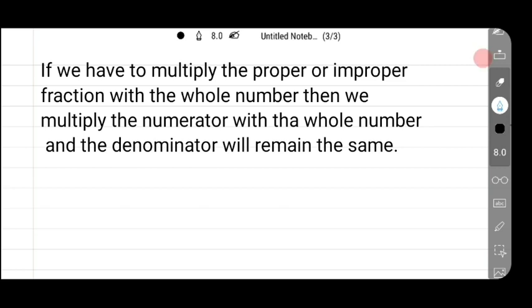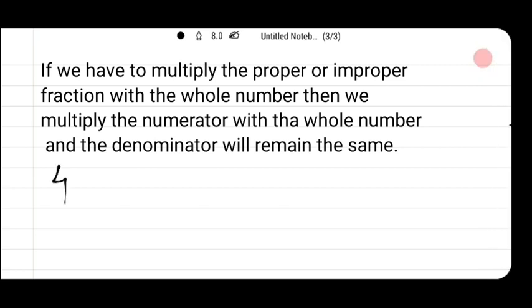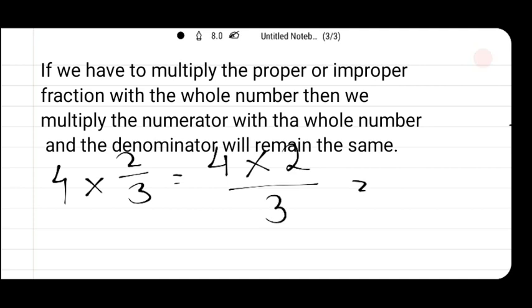Let us take an example. 4 into 2 upon 3. Here we can simply multiply the numerator and the whole number. So the answer should be 4 twos are 8 upon 3. Okay, 4 into 2 upon 3 equals to 8 upon 3.